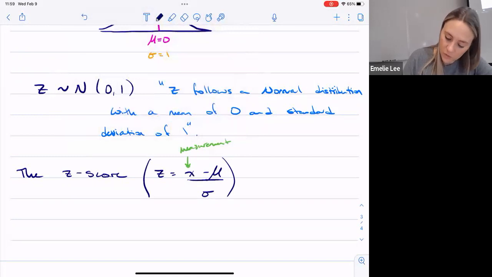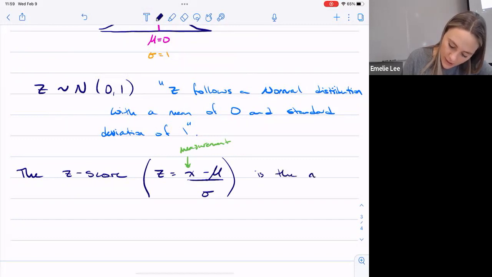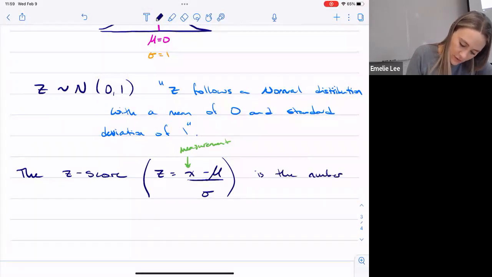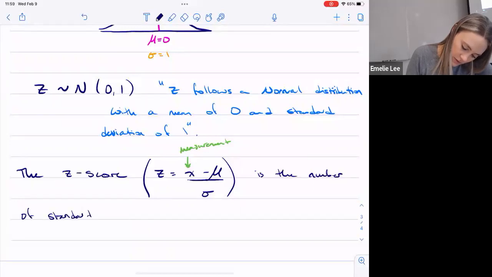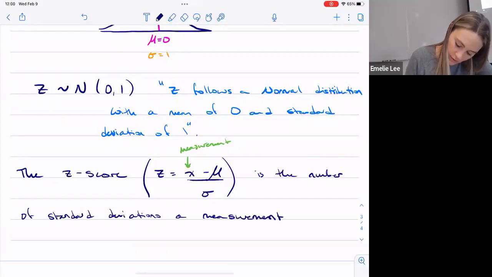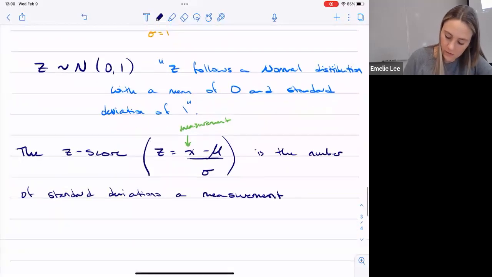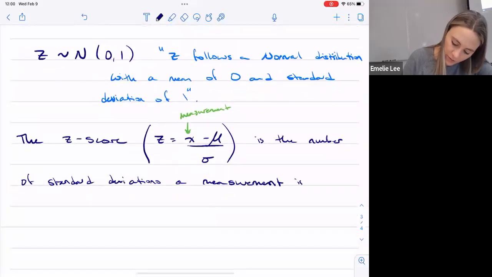So the Z score is the number of standard deviations a measurement is from the mean.